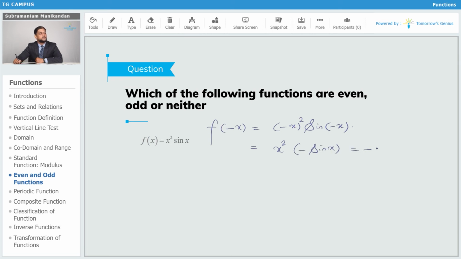So that's minus x squared sine x, which is equal to minus of f of x. Therefore, this is an example of a function which is an odd function. So f of x equals x squared sine x is an odd function.